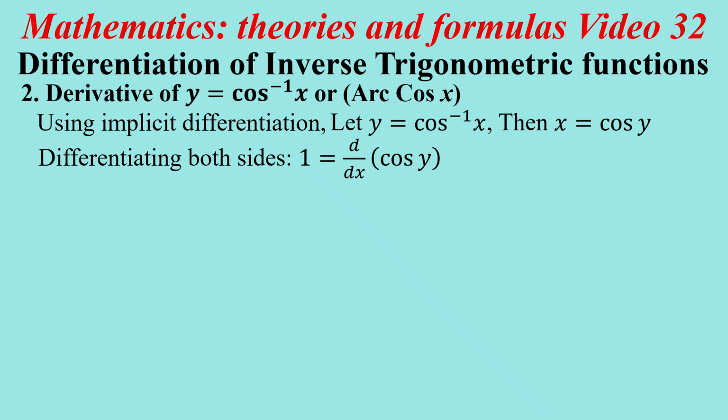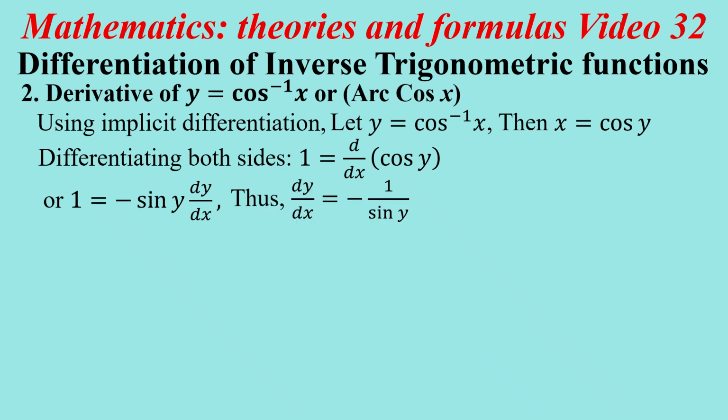The derivative of x is 1 and the derivative of cos y is minus sine y dy by dx, because we are differentiating both x and cos y with respect to x. So we find that dy by dx equals minus 1 by sine y.